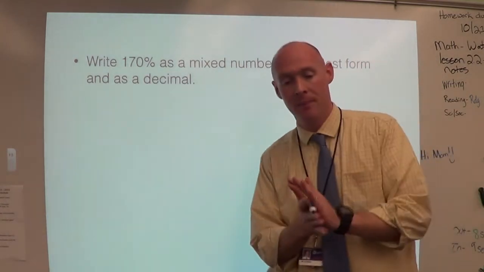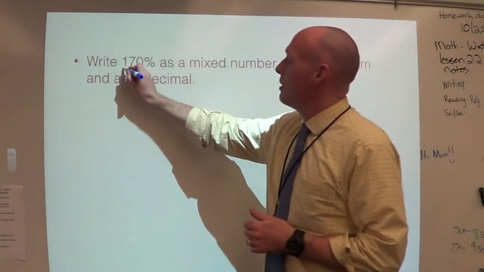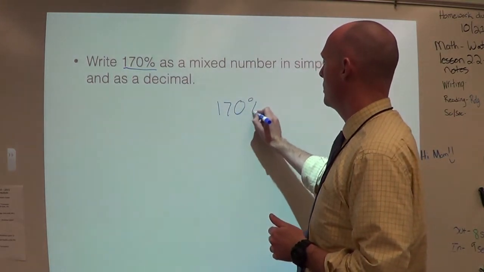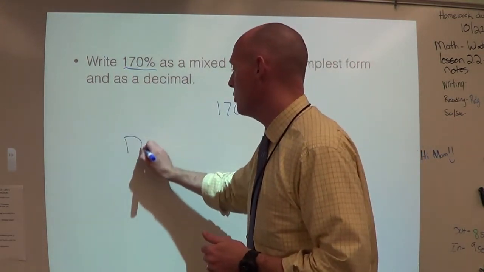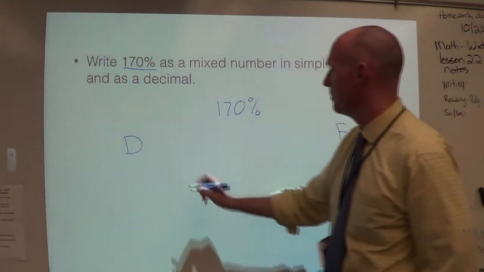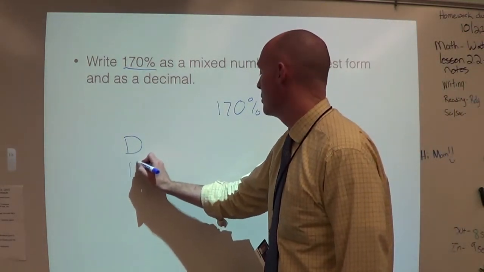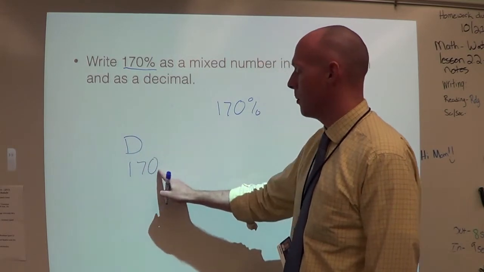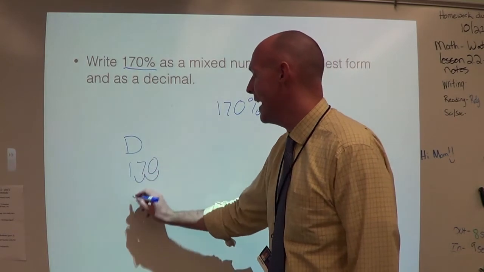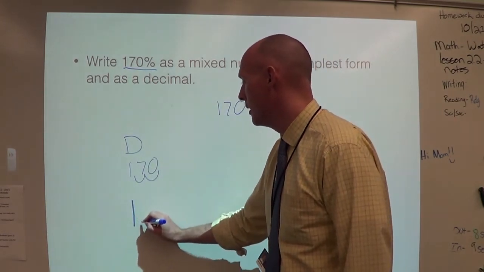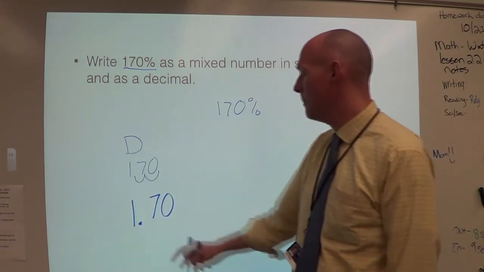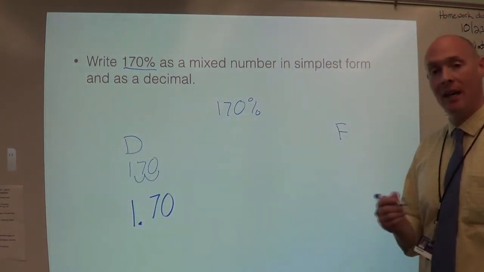I'm going to rewrite my number, which is 170%. We're going to do it as a decimal and as a fraction. Okay, so decimal. 170, my decimal point's here. We're going to move it 2 places, 1, 2. As a decimal, it's going to be 1.70.